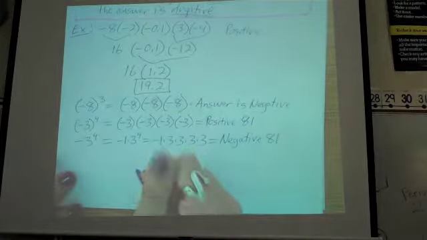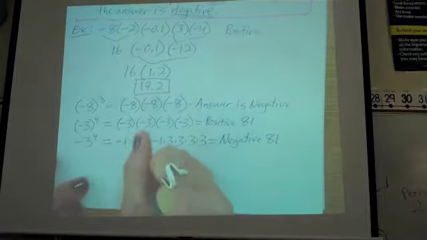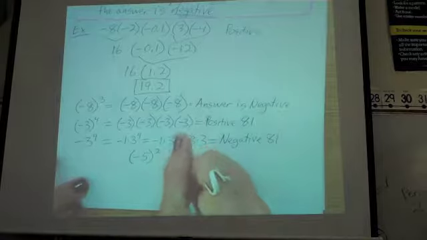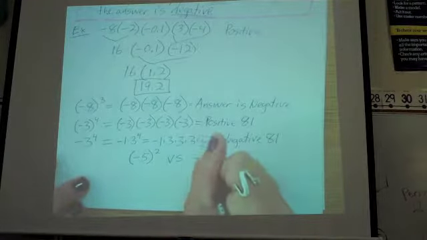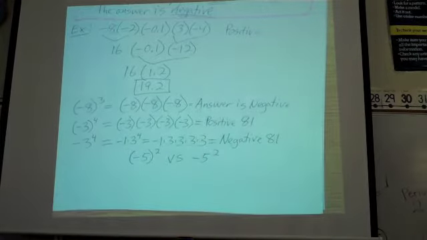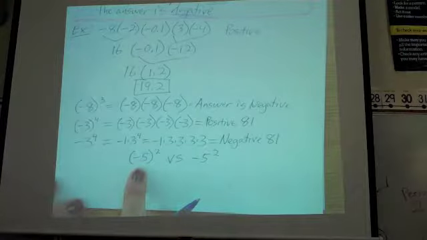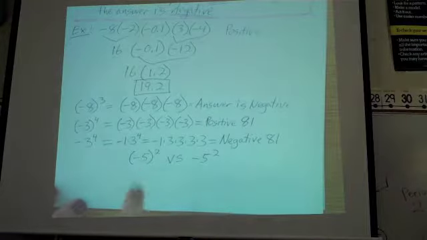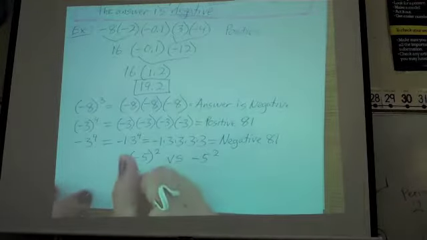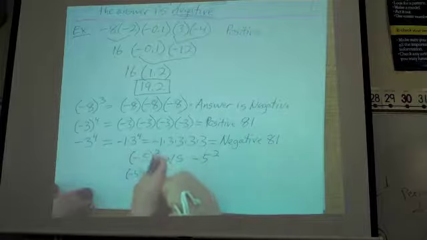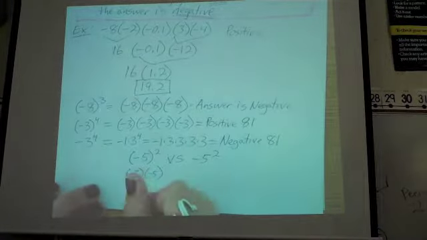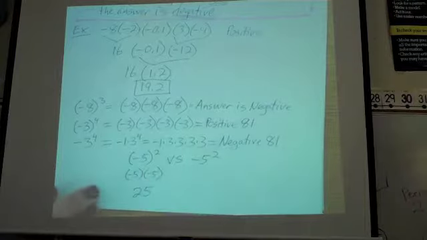Because that's kind of a confusing concept, we are going to have a versus. So negative 5 squared versus negative 5 squared. This one is (negative 5) squared, whereas this is negative (5 squared). So when I expand this, it becomes negative 5 times negative 5, and a negative times a negative is a positive. 5 times 5 is 25.